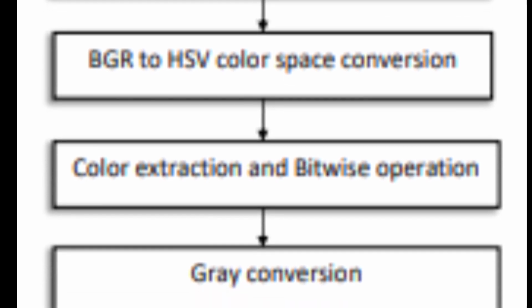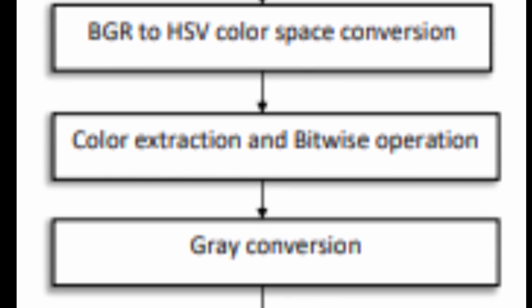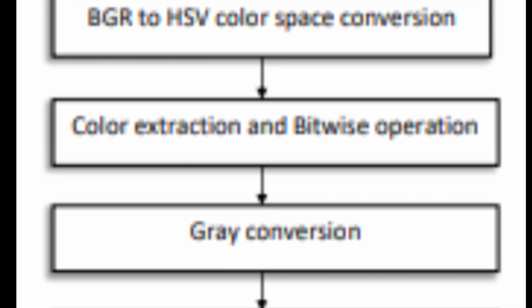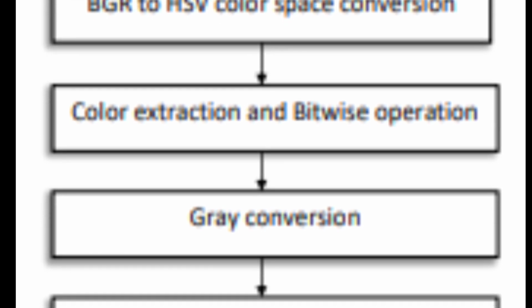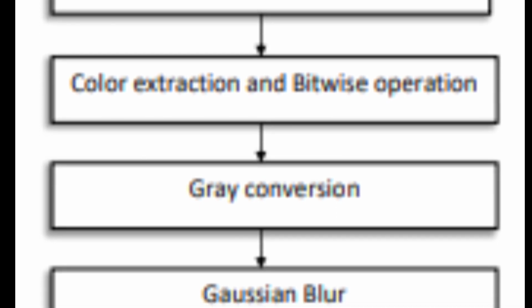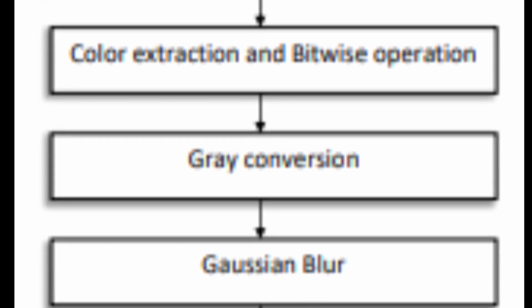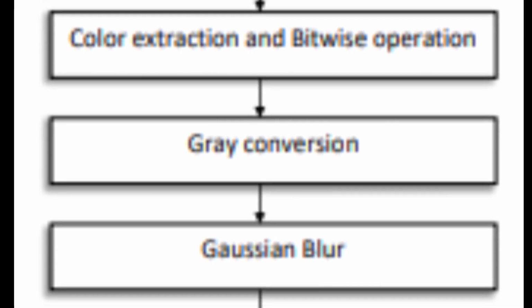We use the HSV color space because it describes colors in terms of hue, saturation, and value, which makes a better representative model of color. After that, we make a mask with the above extracted output.